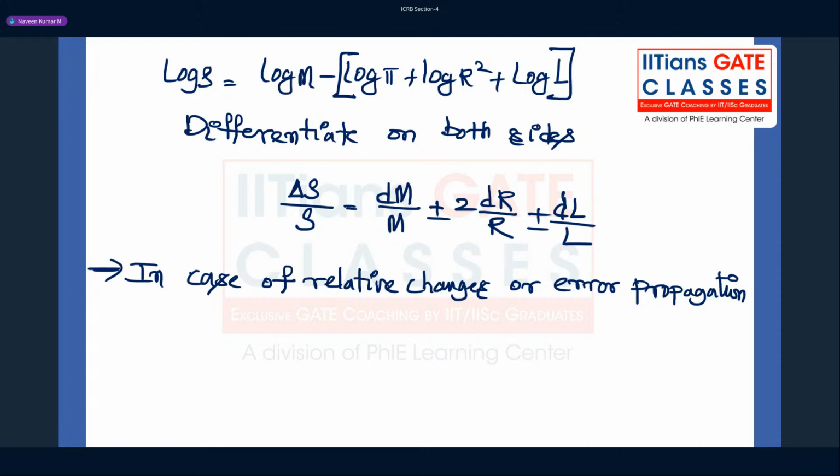So we are interested in the magnitude, so that's why we are putting positive. Okay, hence the formula changes to this. This is very important, very important. Plus 2 dr by r plus dl by l.